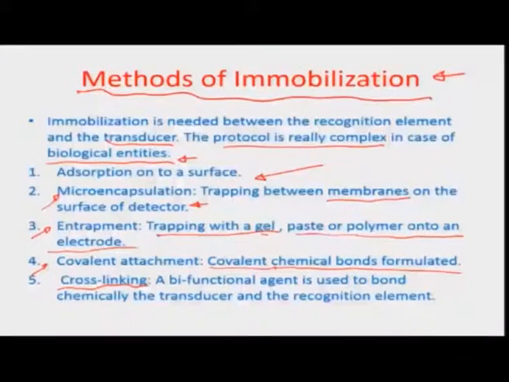On one side it will link to the transducer, on the other side it will have enough activity to link to the recognition element. So, as a linker molecule it holds the recognition element close to the transducer surface. There are a variety of these immobilization methods which one would use for the purpose of designing the process of laying out the recognition element onto the transducer.